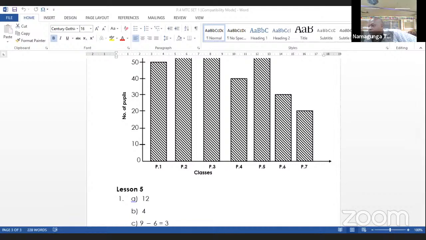Nantaba Priscilla? 3 people scored above 50%. Louder, louder. 3 people scored above 50%.